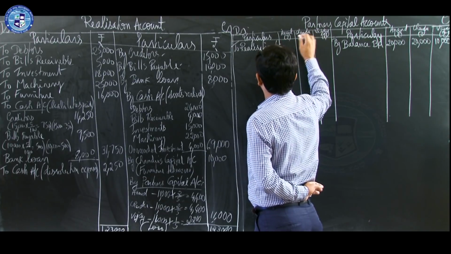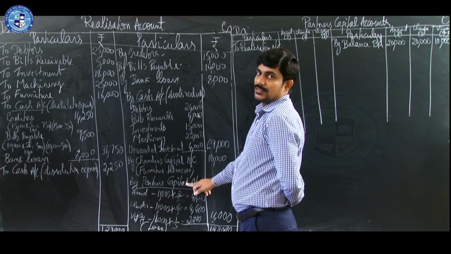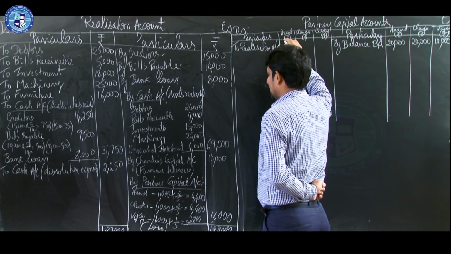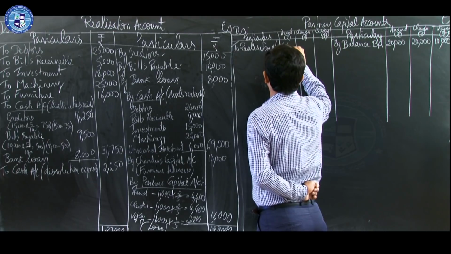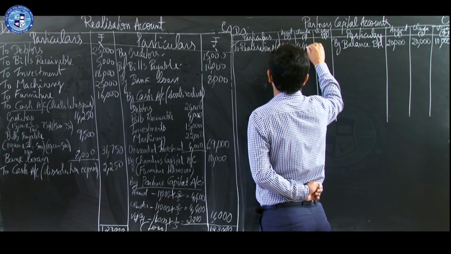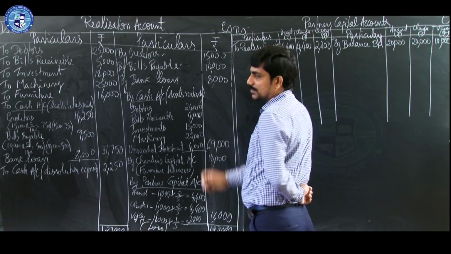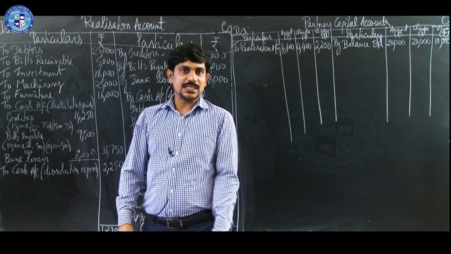Entry for realization loss: journal entry, partners' capital account debited to realization account. So how much is each partner's share? 4,400, 4,400 and 2,200. That is the second step.